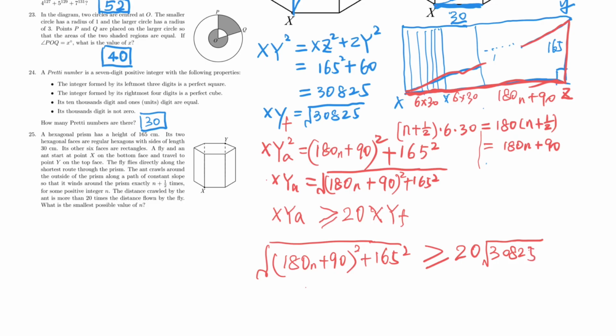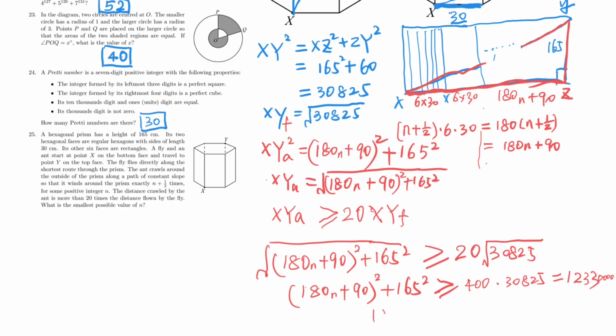Square both sides: 180n plus 90 squared plus 165 squared is greater than or equal to 20 squared, that's 400, times 30825, which equals 12,330,000.